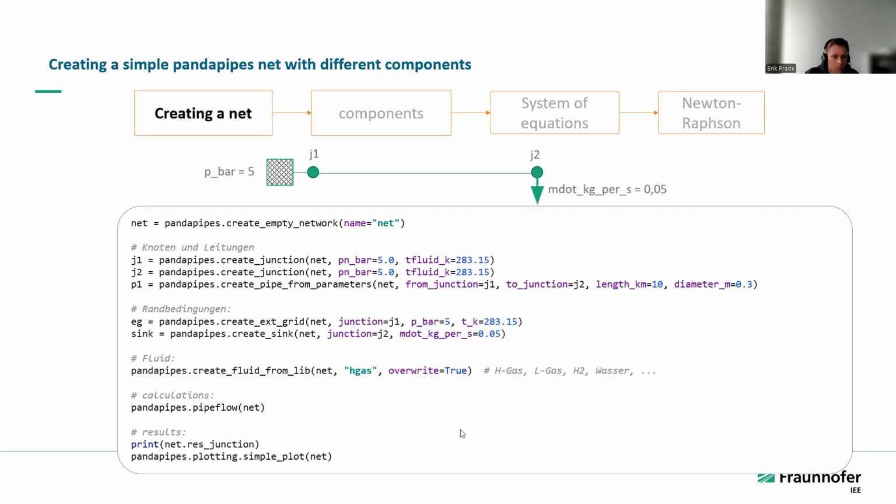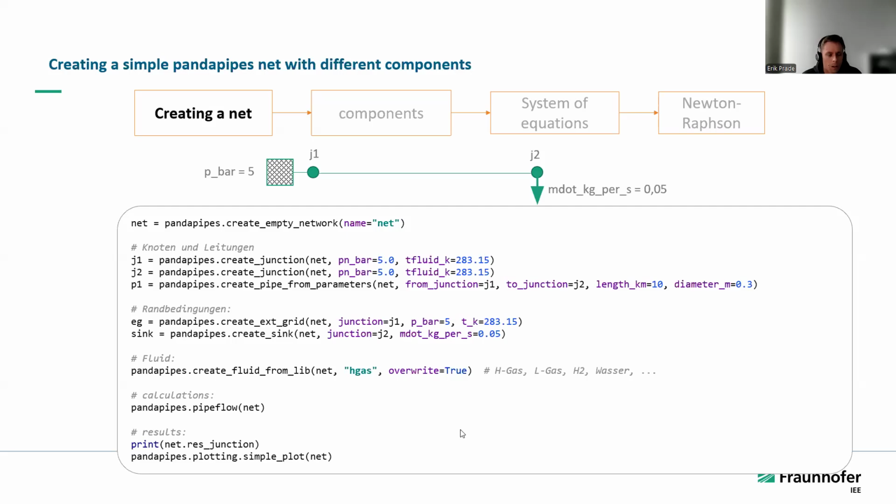And with these two most important elements, junctions and pipes, we need some boundary conditions for the simulation. So in this case, we create an external grid, which is basically, in gas grids, a connection to, for example, a higher pressure level grid, and can provide gas at a specified pressure value and temperature value. And then we have another boundary condition, which is a sink, which basically extracts mass flow out of the grid.